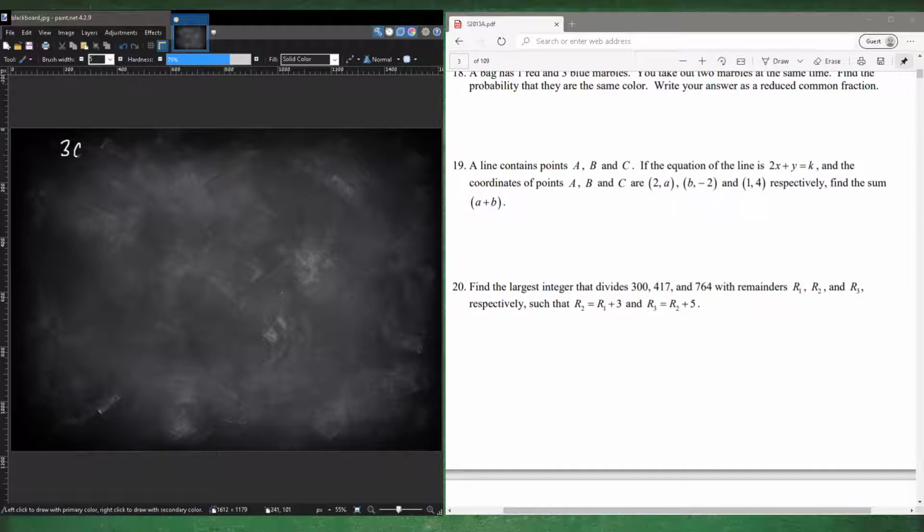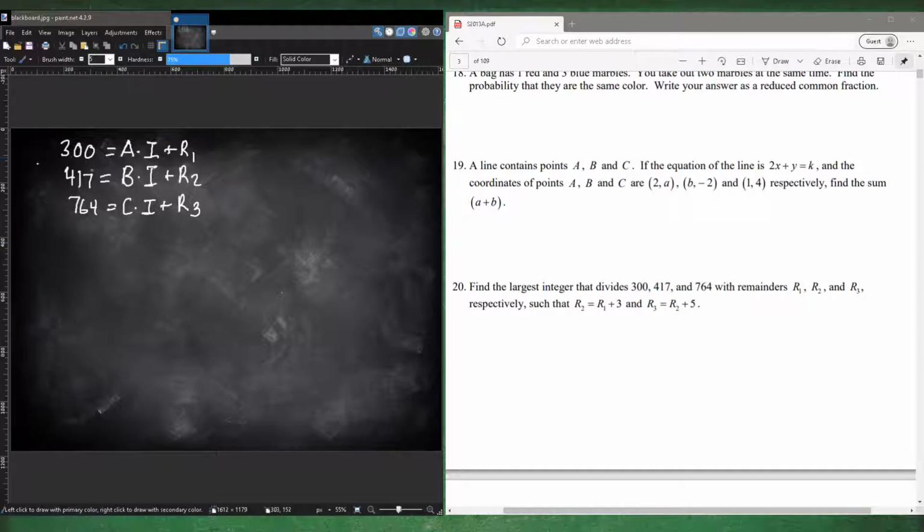So 300 is equal to some kind of constant, we'll call it a, times i, which is our integer, plus our remainder. And we do the same thing for every other number, so 417 equals a different constant times i, plus r2. And we have 664 equals c times i plus r3. A way to think about it would be, why do I write it in this form?